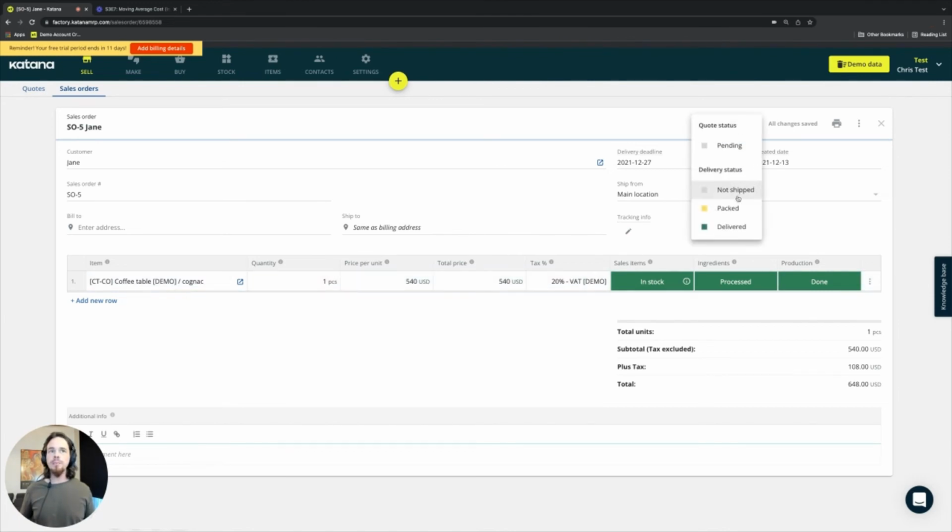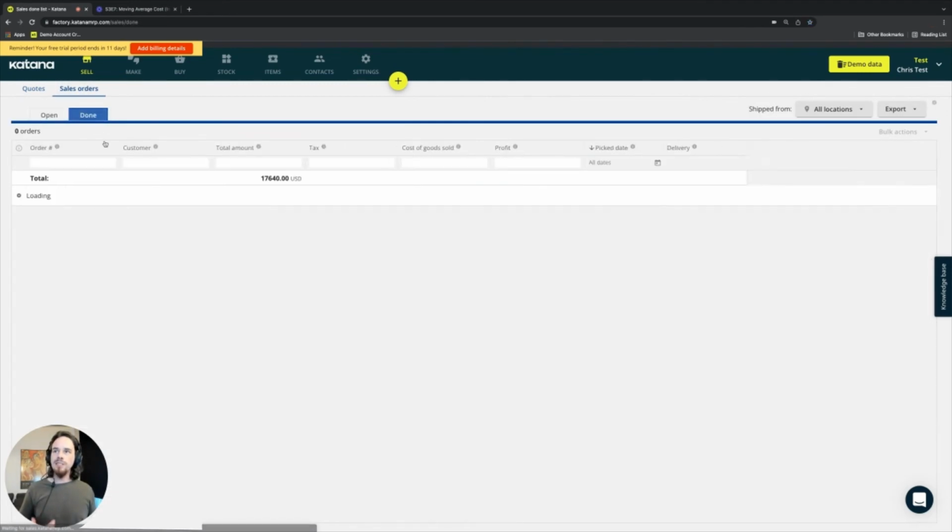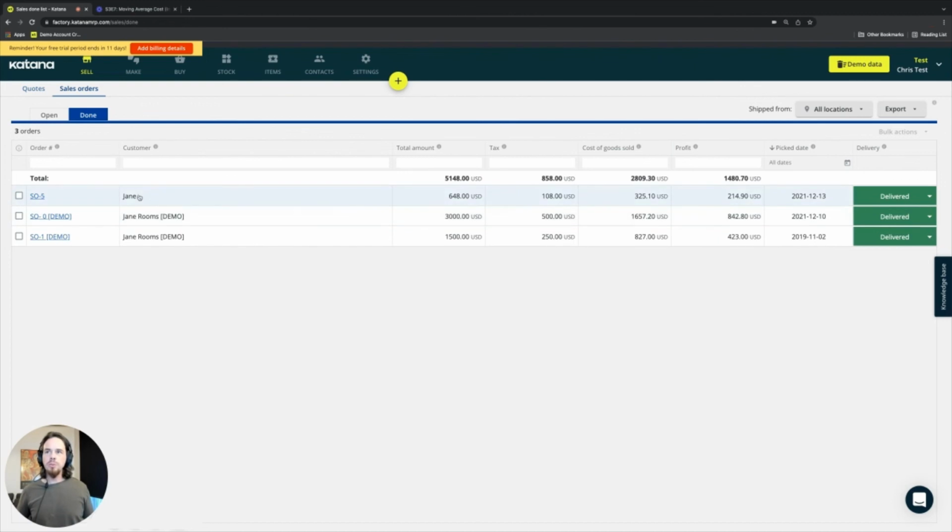When we complete this manufacturing order to delivered, and sales order 5 has its status listed as completed and is available on the Done tab in the sales order list, you will see that sales order 5 carried the cost of goods sold over from the stock screen.